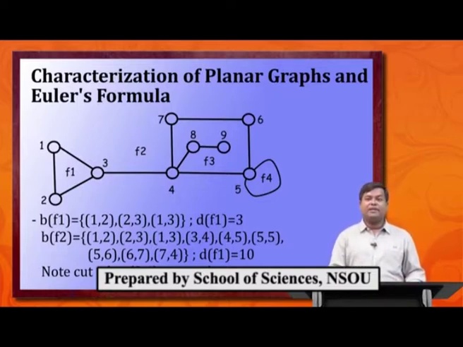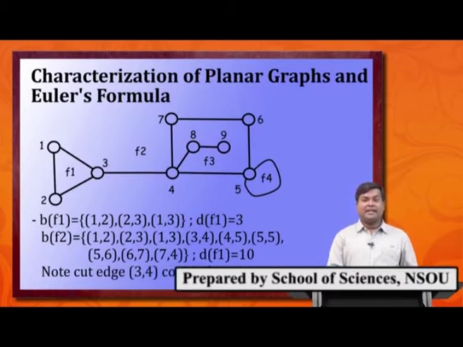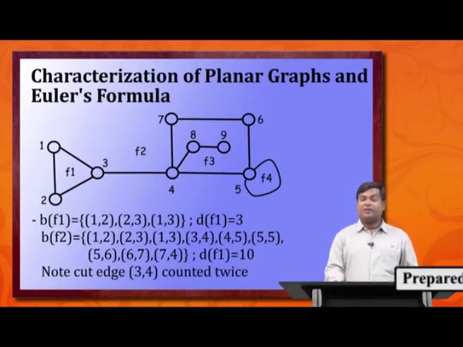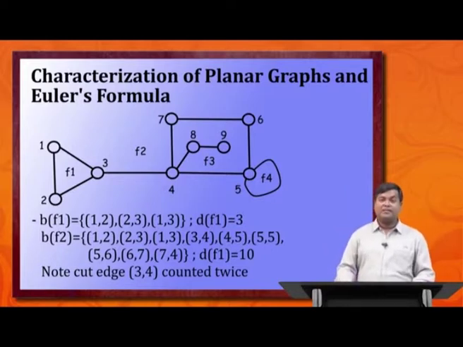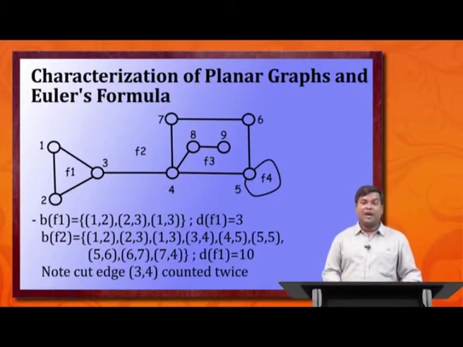So the boundary of f1 contains 3 edges, and the degree of f1 is the number of edges, counting cut edges twice. Since in f1 there is no cut edge, the degree of f1 is also 3.